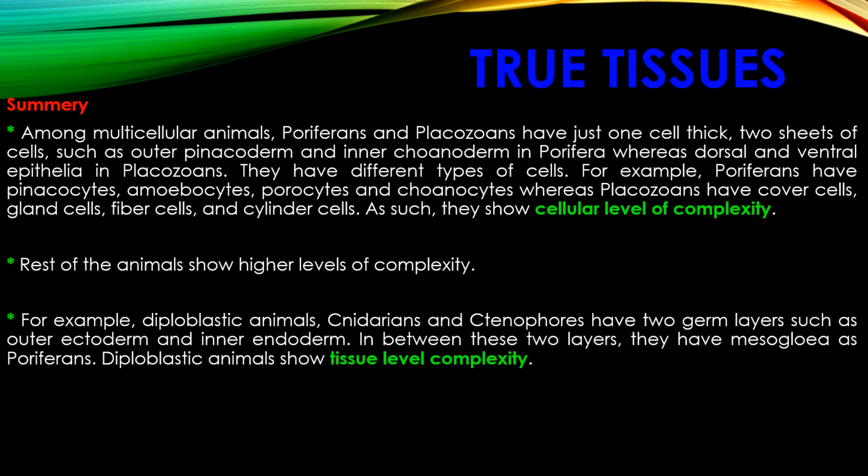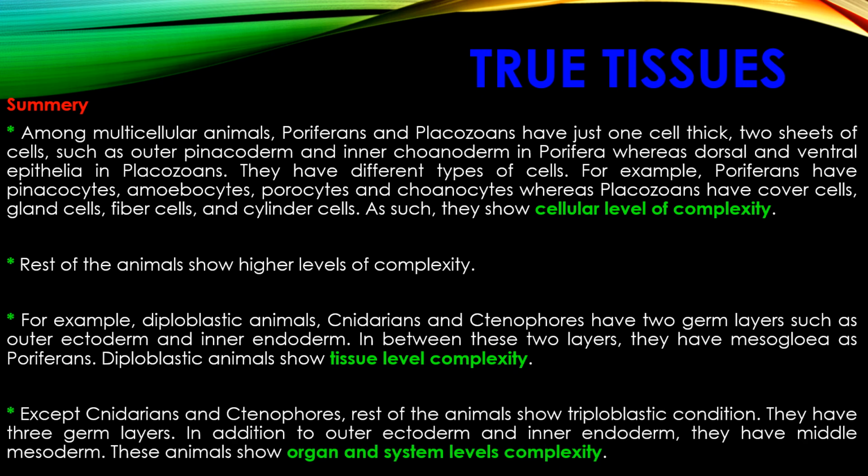Except cnidarians and ctenophores, the rest of the animals are relatively higher forms. They show the triploblastic condition. They have three germ layers, outer ectoderm, inner endoderm, and in between mesoderm. They show organ and system levels of complexity.